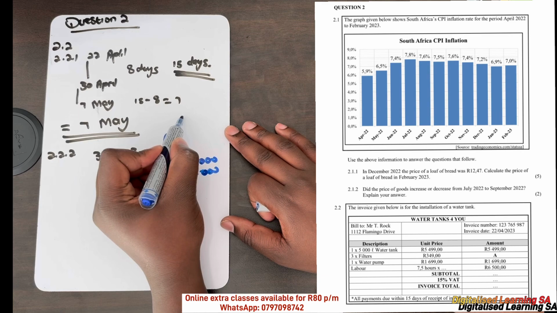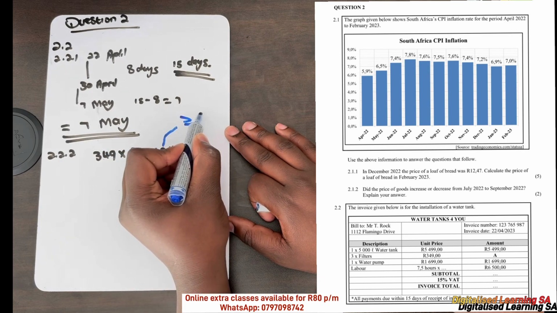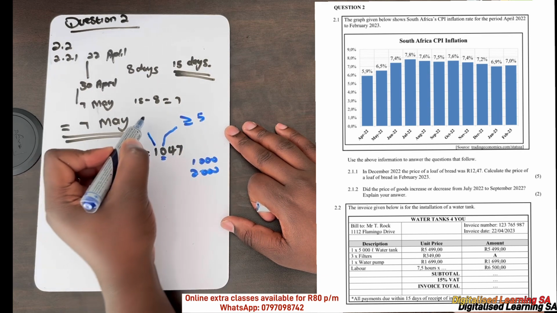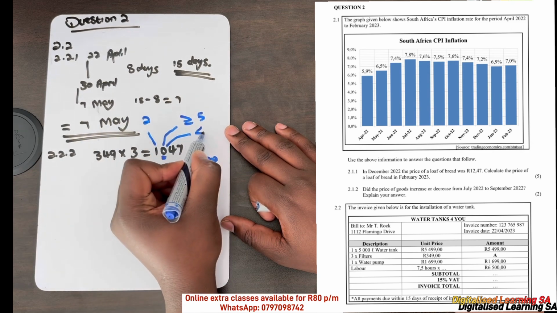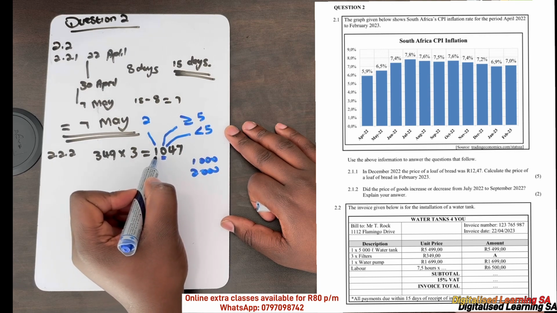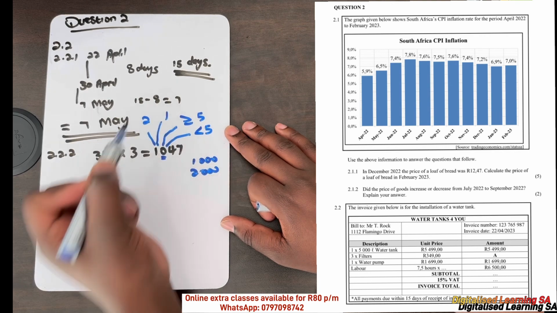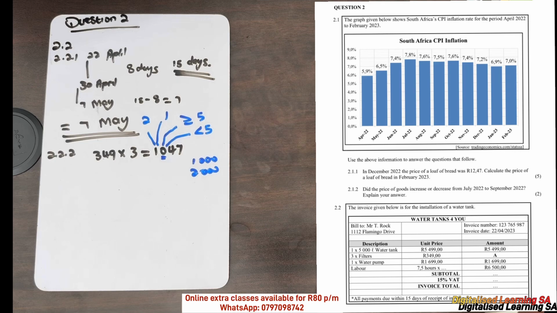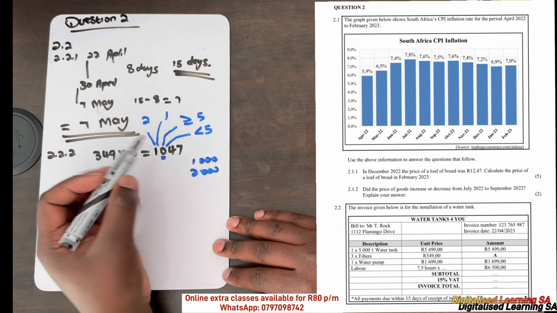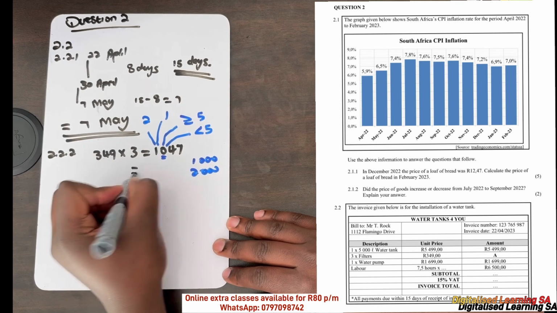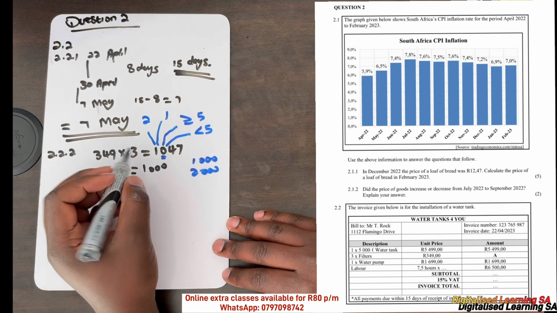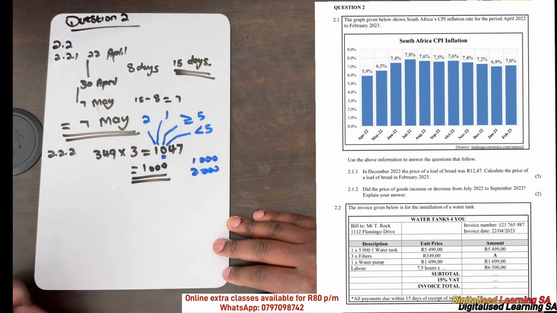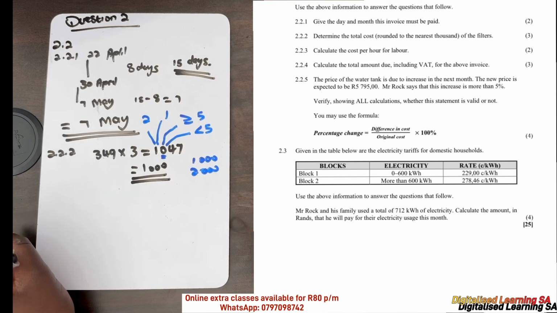If this value is greater than or equal to 5, our 1 will become 2. But if this value is less than 5, our 1 will remain the same. We can see that this value is less than 5, meaning that our 1 will remain the same. So rounding off to the nearest 1000 will be 1000. It won't be 2000. So this will be our final answer. I hope that makes sense.